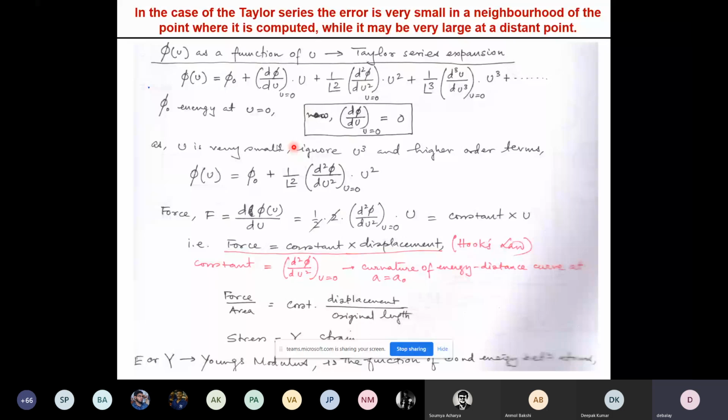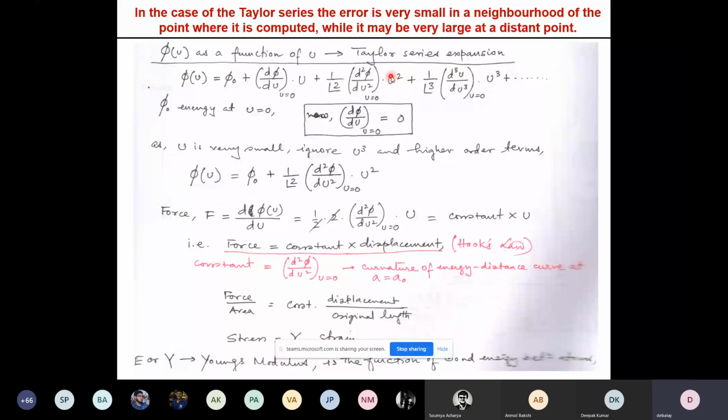How phi u, the new energy, the increased energy, can be related to the displacement u that you give is this Taylor series expansion. Phi naught is the energy at u equal to 0. The slope of this curve is 0 at the equilibrium spacing point, u equal to 0, so this term goes out. So phi u minus phi naught equals this entire series.